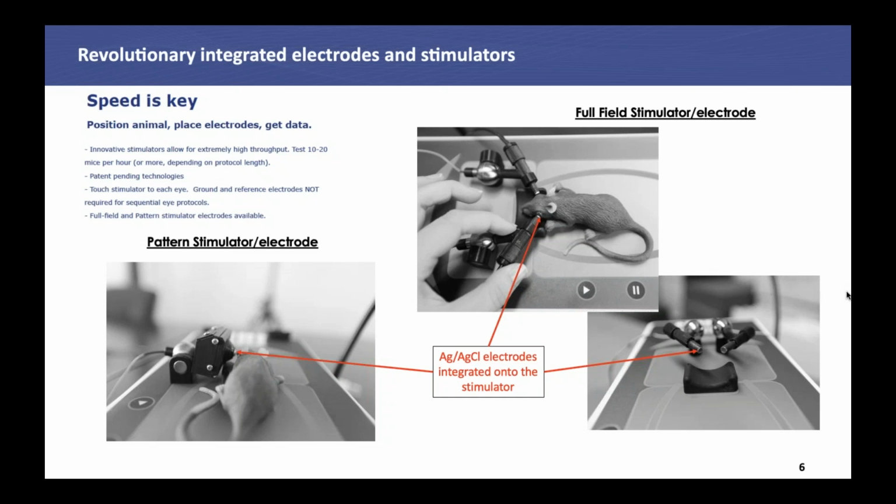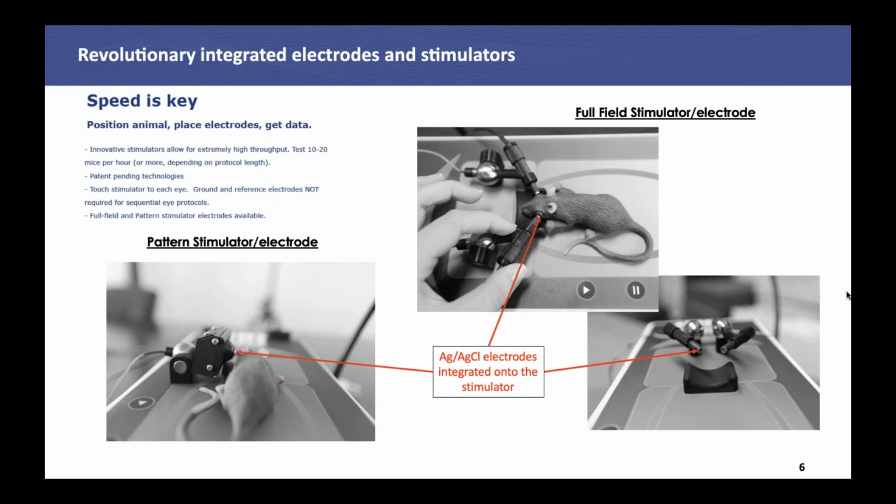Very hard to see in these pictures, but the red arrows point to the silver chloride electrodes. Again, those are hardened electrodes that are manufactured directly onto the stimulator. So the whole device is designed to last for many, many years, and the electrodes are automatically placed as you place the stimulator.